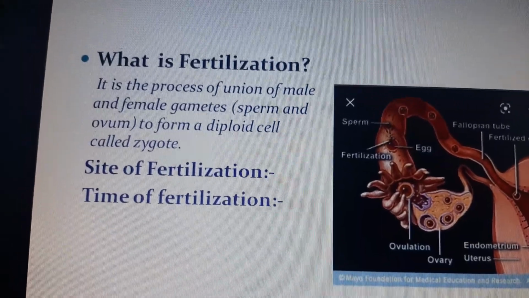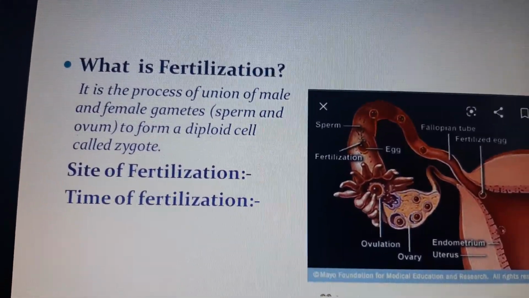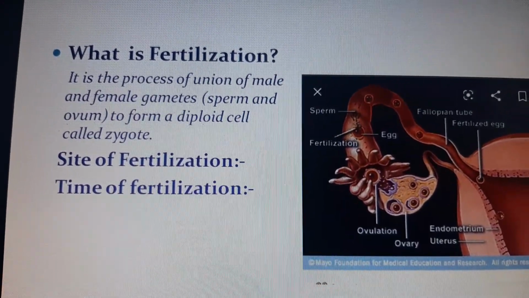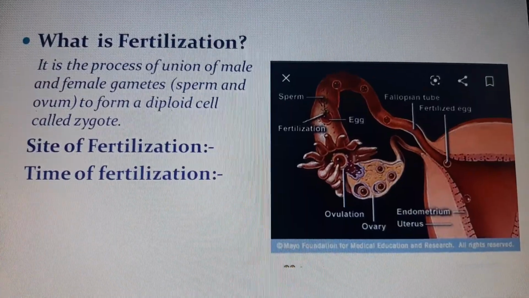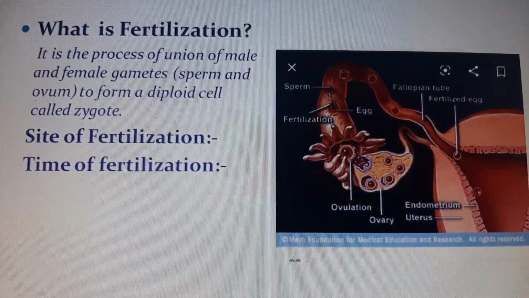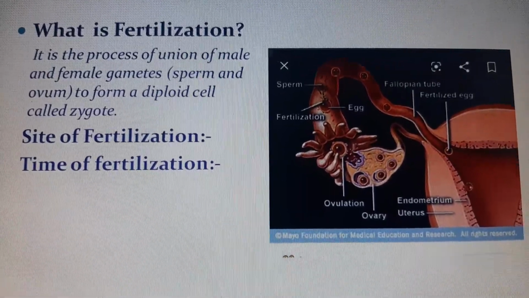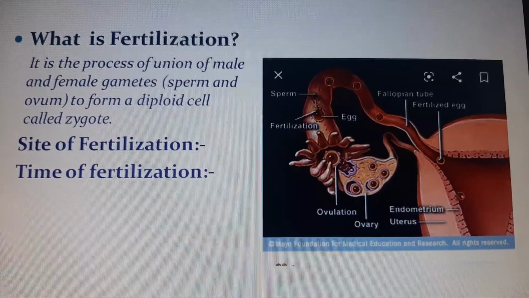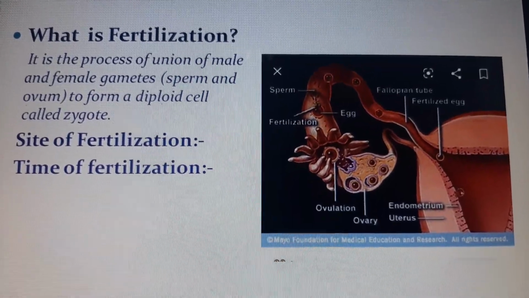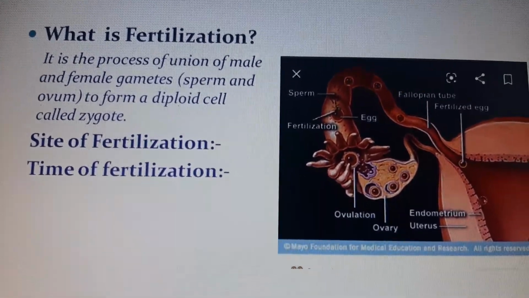Okay, so what is the time of fertilization? As we all know, a normal menstrual cycle is of 28 days, and ovulation occurs in the middle of the menstrual cycle, that is, on the 14th day from the first day of last menstruation, when usually a secondary oocyte is released from either ovary alternately.